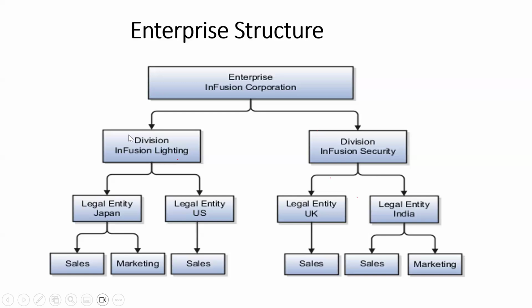Each division has multiple business units and multiple legal entities under multiple primary ledgers. Based on the location and the business level, they will maintain multiple legal entities, business units, and primary ledgers. Okay, this is high-level information.